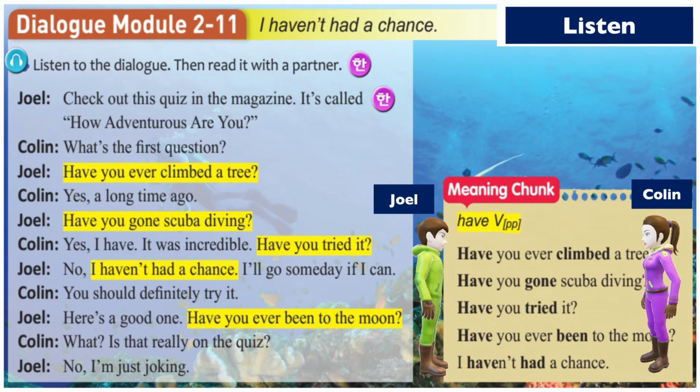I will read Joel and Yonghee will read Colin. So here we go. Check out this quiz in the magazine. It's called How Adventurous Are You? Ooh, what's the first question? Have you ever climbed a tree? Yes, a long time ago. Have you gone scuba diving? Yes, I have. It was incredible.